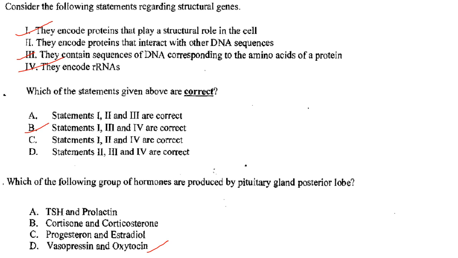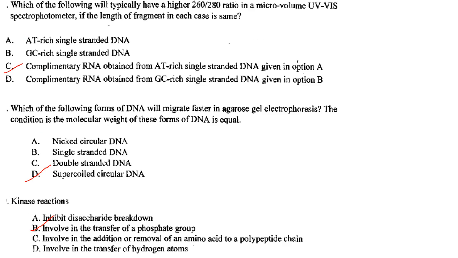Then which of the following groups of hormones are produced by the posterior lobe of the pituitary gland? So they are vasopressin and oxytocin. Answer is option D. Then which of the following will typically have a higher 260 by 280 ratio in a microvolume UV-visible spectrophotometer if the length of the fragment in each case is the same?